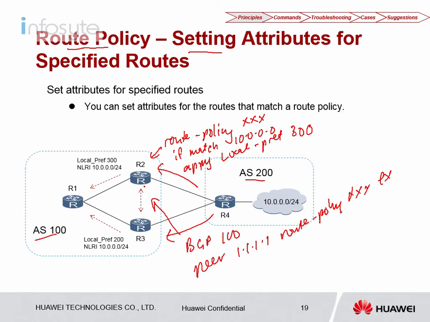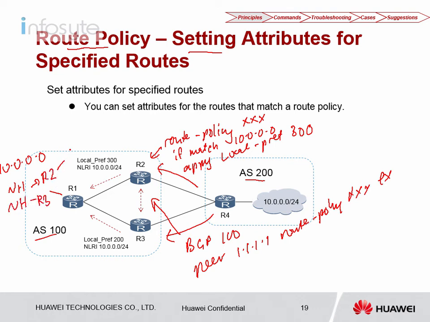And when R1 receives it, what will R1 do? R1 will have two next hops going to 10.0.0.0. The first one will be R2 and the second next hop will be R3.